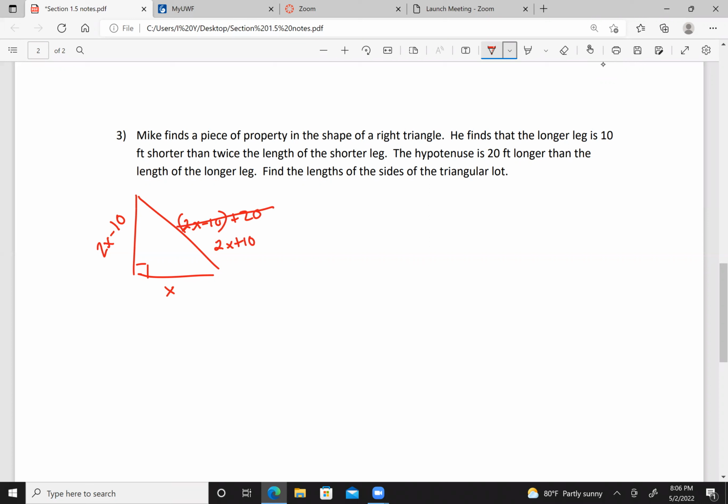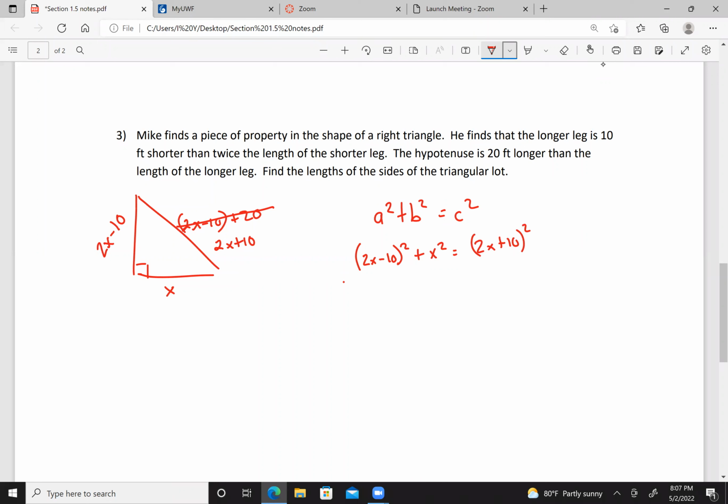Okay? So now remember the Pythagorean theorem, a squared plus b squared equals c squared, where a and b are the lengths of the two legs and c is the length of the hypotenuse. So we have 2x minus 10 squared plus x squared equals 2x plus 10 squared.